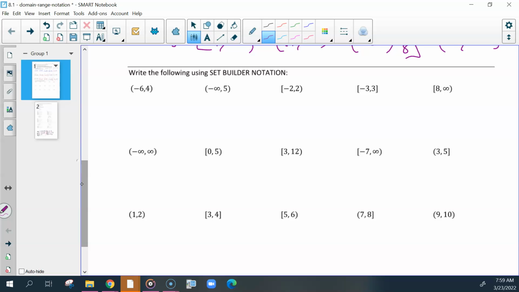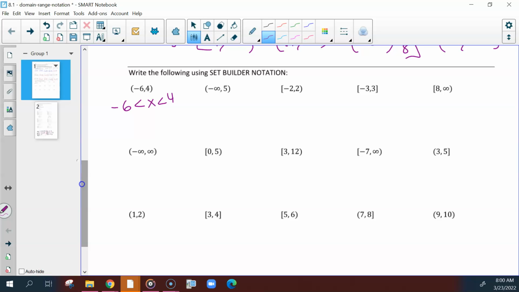When it has two numbers, that's written a little differently. The parenthesis and bracket rules still apply, but it's starting at -6 and ending at 4. So this would be -6 is less than x, which is less than 4. I'm starting at -6, but -6 is not included, and I'm going to 4, but 4 is not included.